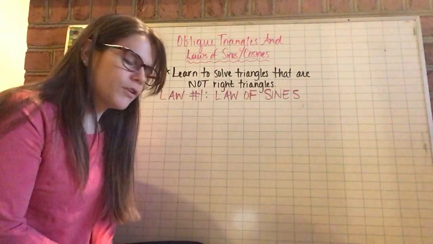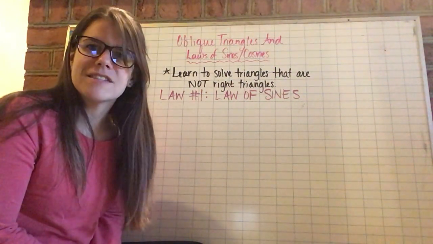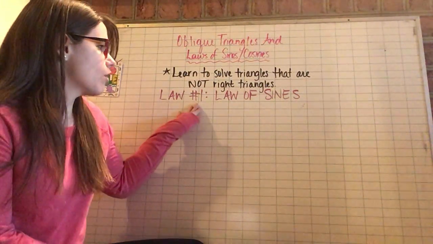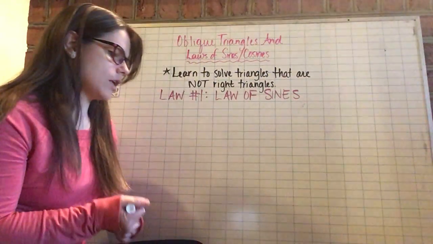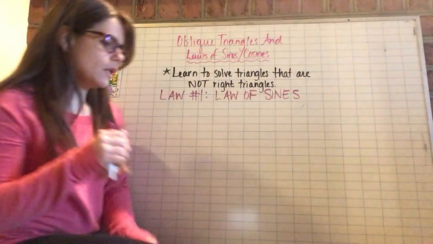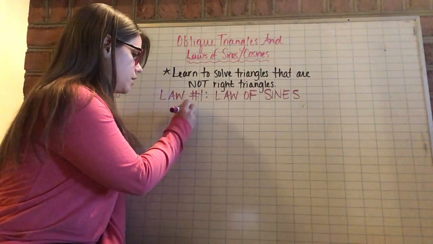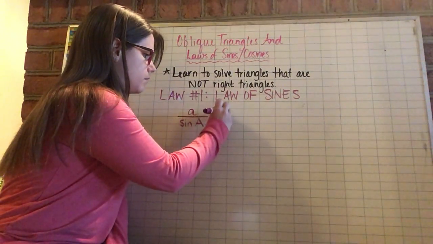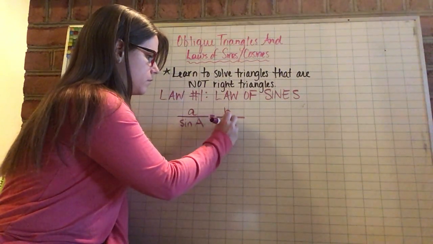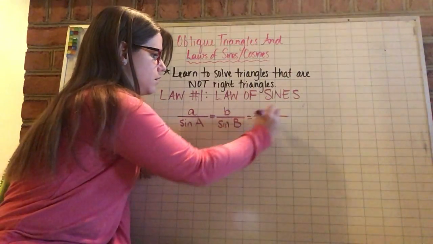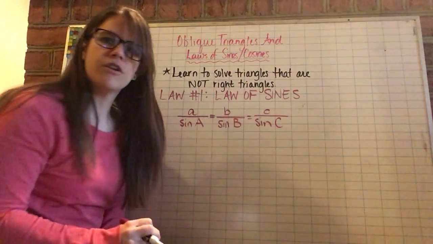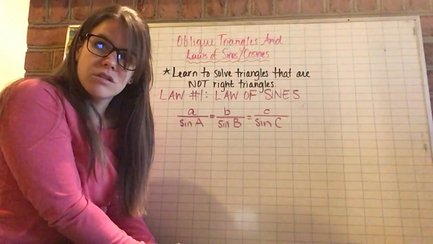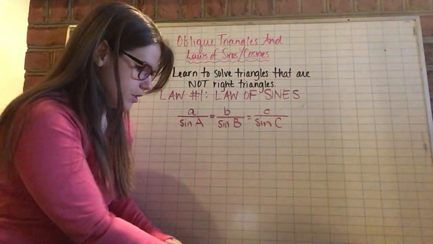Okay. So the first law that we're going to spend some time on is called the law of sines. So that's what I wrote here. We're going to deal with the law of sines, and that law looks like this. It's a big ratio, and there's three fractions there, three ratios there, because there's three sides to a triangle, and so you have to be able to deal with all three of them, or consider all three of them.